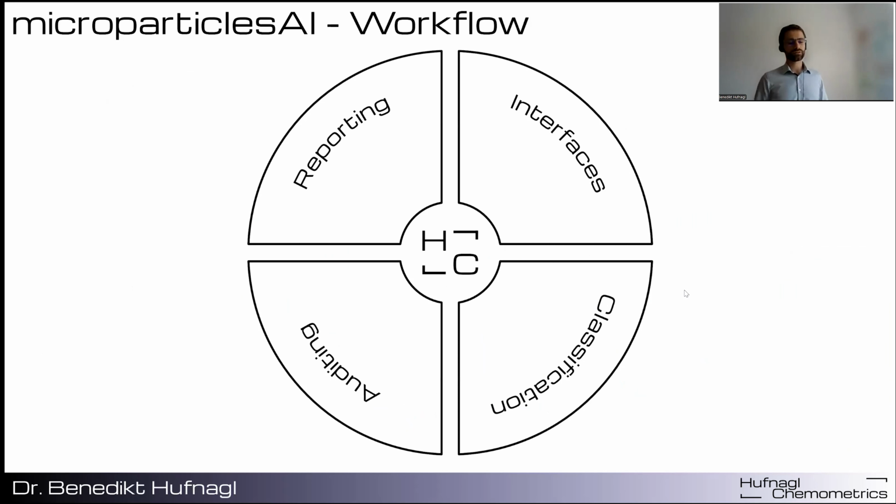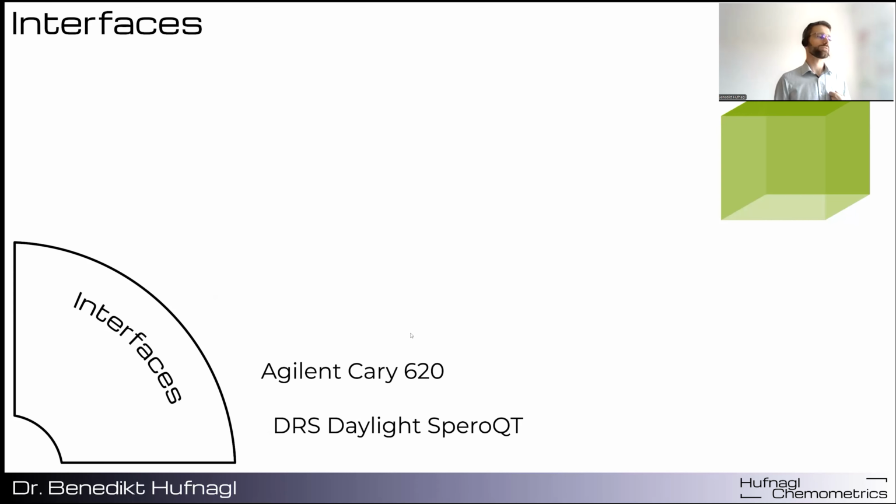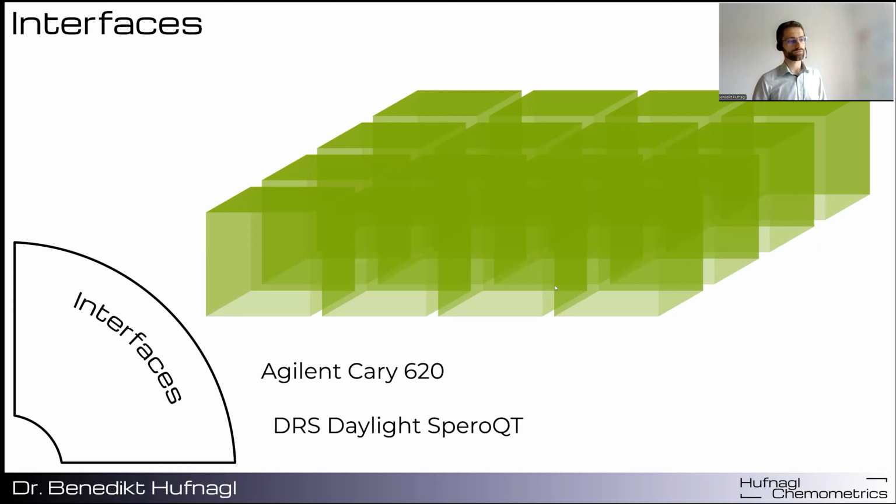And using this app, you can do the whole analysis workflow. So we provide various interfaces to different device vendors. So there's typical imaging devices, but also for the ones that create much larger files like the Agilent Carrier 620 and the DRS Spero QT. So you can analyze very large data sets, 70 gigabytes or more.